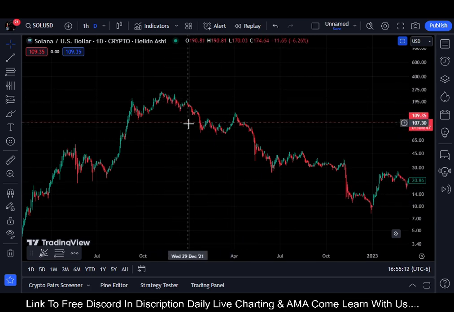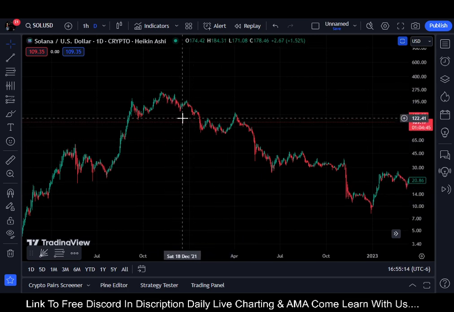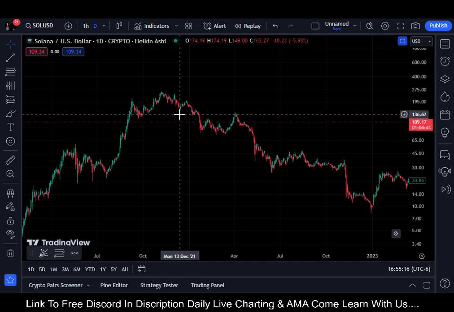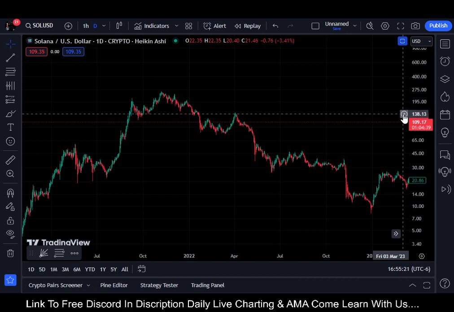That would be $130. So let's come down to 130. And what do we have? Here's $130. Let's just take this $260 high and start breaking that number up.